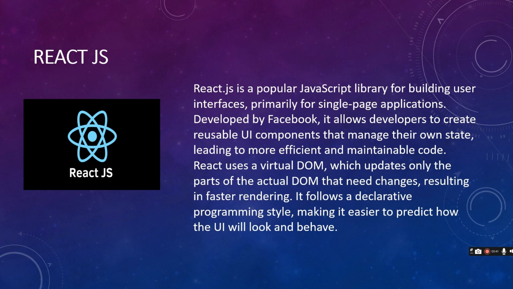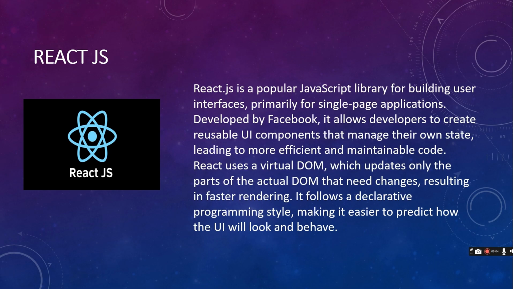React is primarily used for single page applications, where we don't want to link to other pages and reload. It reduces reloads and reloads the content dynamically. It allows developers to create reusable UI components.